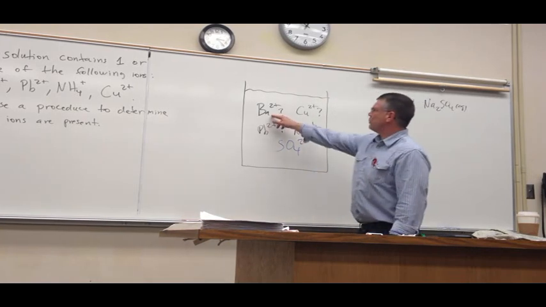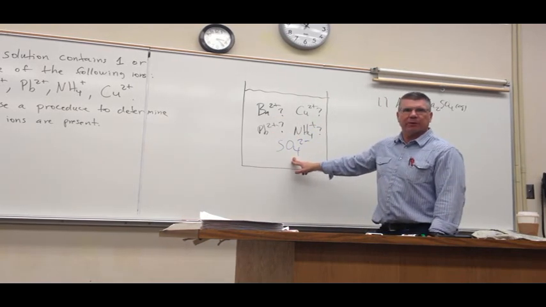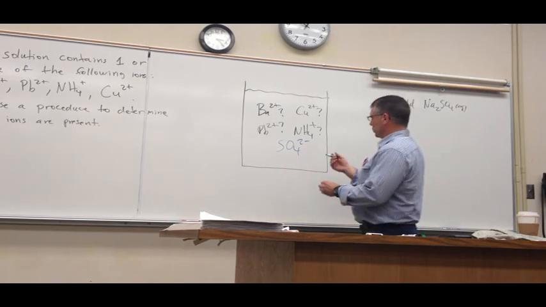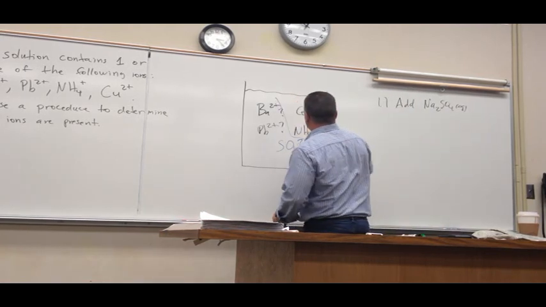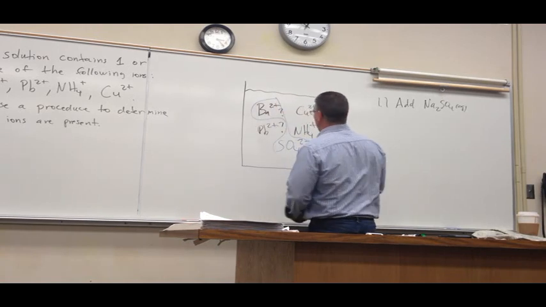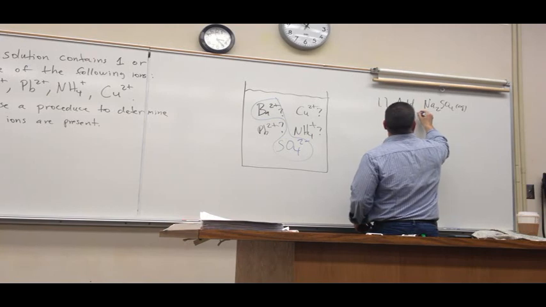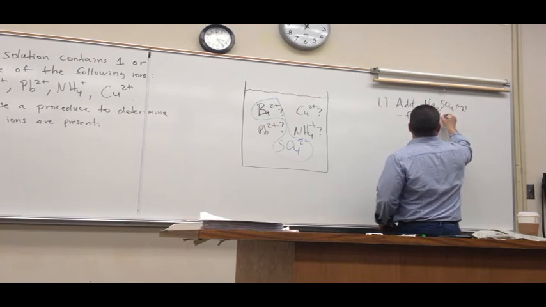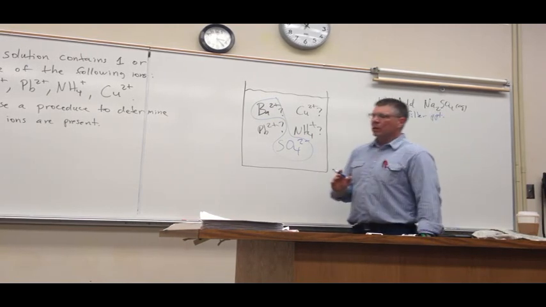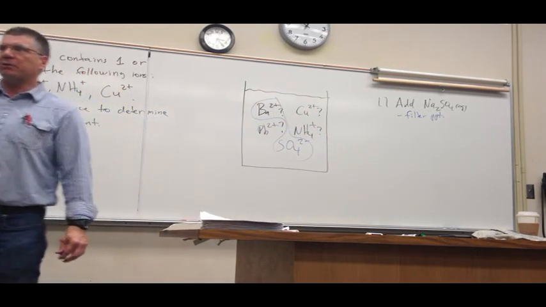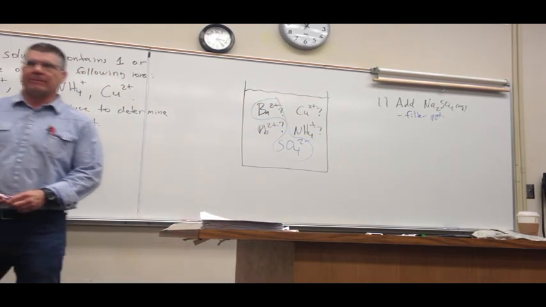Well, barium is the one that's going to precipitate out for sure, right? Because of sulfate. And so if barium is present, then we'll pull that out. If there's a precipitate, we want to filter it out so that all that barium is gone. It's not going to interfere with anything else.